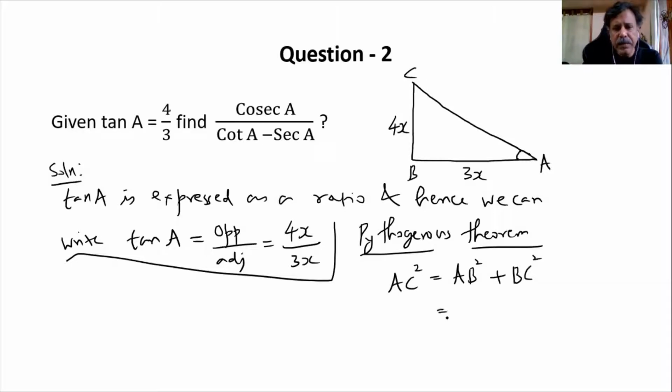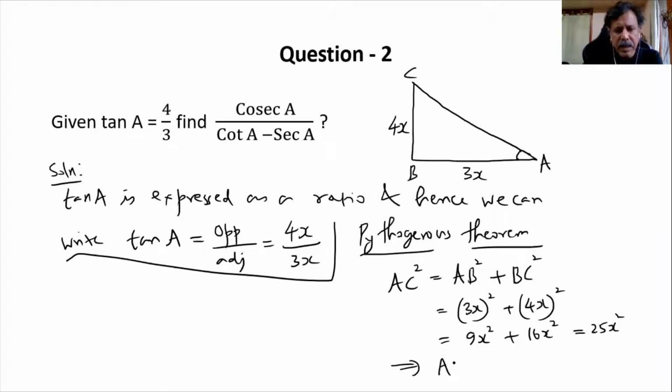So AC the square we are supposed to find. AB the square is 3x the whole square, and this will be 4x the whole square. This will be 9x square. This will be 16x square. So the result is 25x square, which means we can say AC is equal to 5x. So I can write this as 5x.